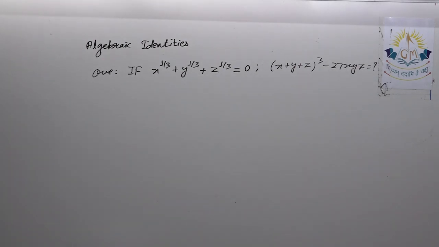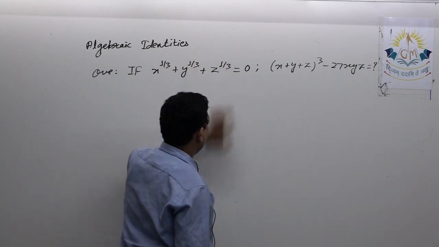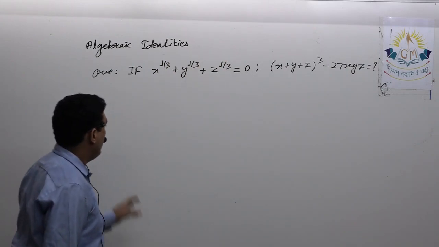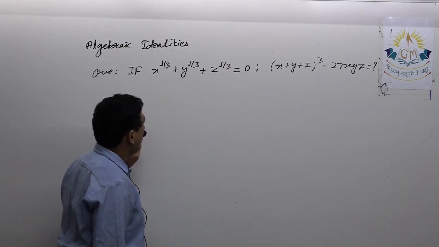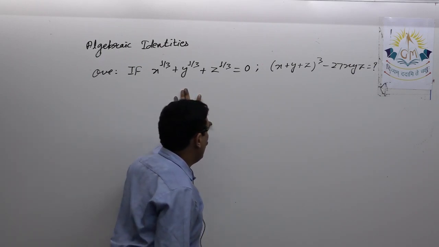Okay, so think for a while. It looks like it is a plus b plus c equal to 0. We know when a plus b plus c is equal to 0, then a cube plus b cube plus c cube is equal to 3abc.